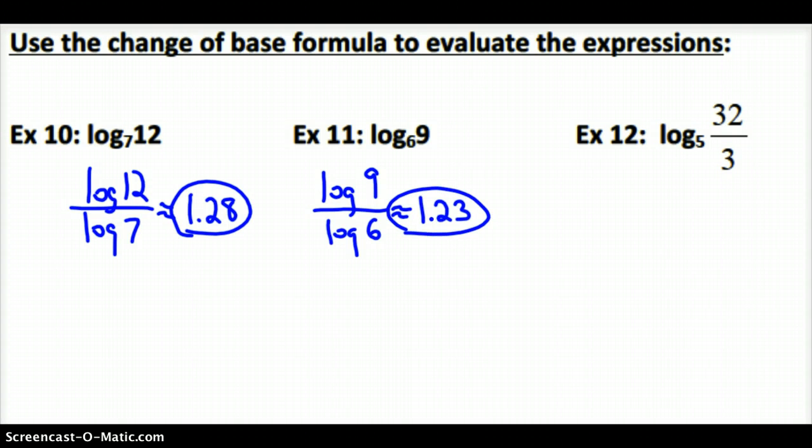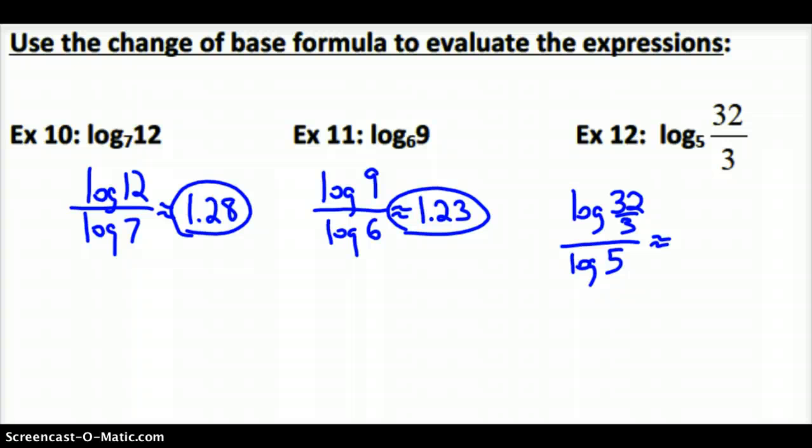We have this. And over here we have the common log of 32 over 3 divided by the common log of 5. Okay, and we'll calculate that here quick.